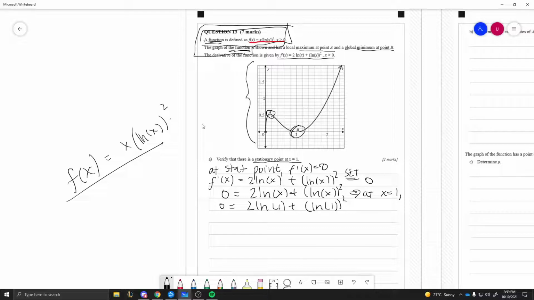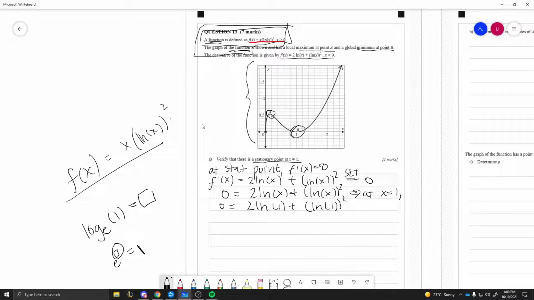Now with ln, it's log base e of 1, so when you turn this into exponential notation, this is the answer you put in for this part, and this is your base.